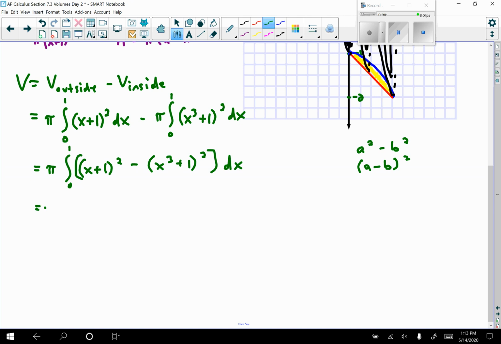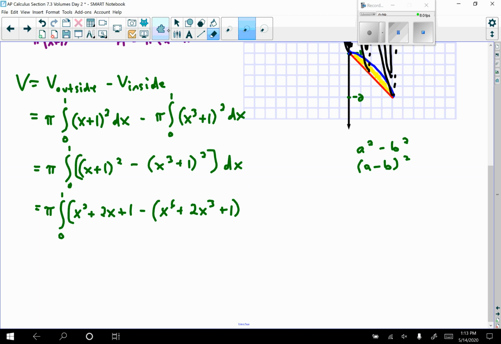So we get pi times the integral 0 to 1. This will become x squared plus 2x plus 1 minus the quantity x to the 6th plus 2x cubed plus 1. We don't need a square anymore. And then dx.